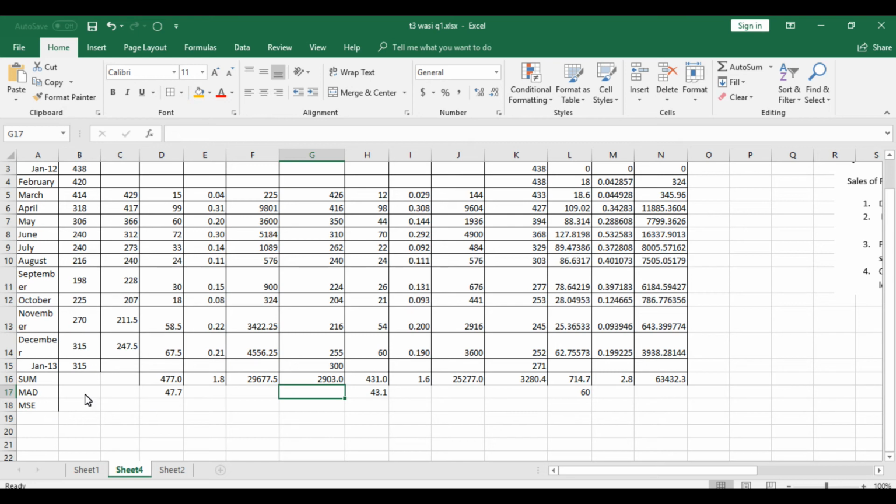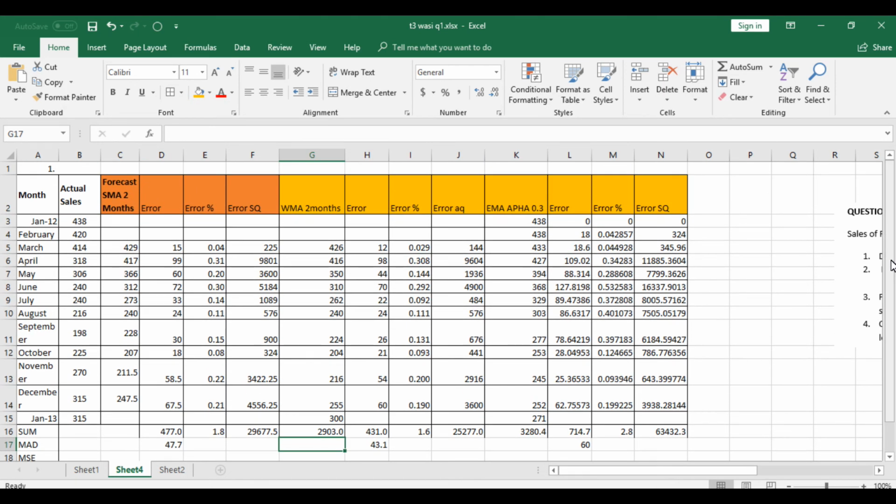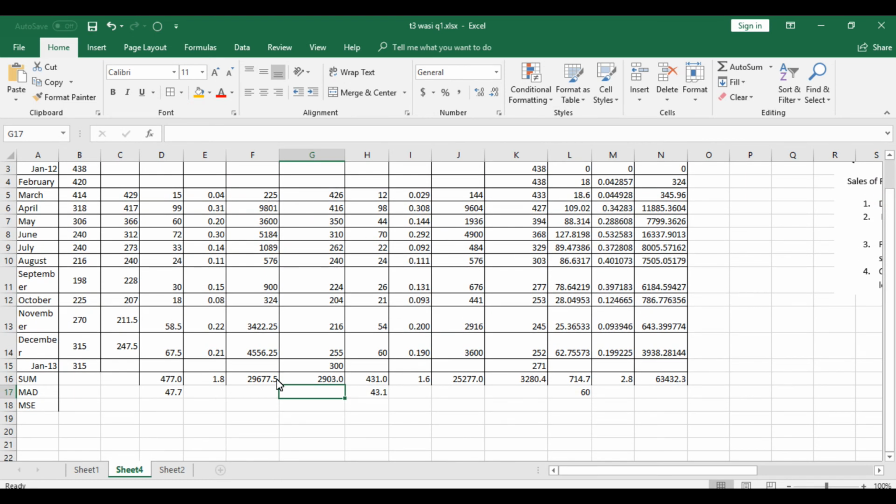Now we are going to find MSE, mean square error. The formula for mean square error is sum of error square divided by n. Error square, which we already found here, divided by n. We already did the sum here, divided by n, which is 10.